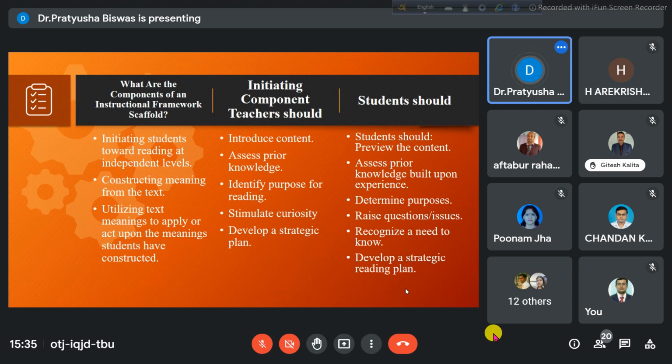Recognize a need to know. There are many such cases wherein the children, despite knowing, tend to make errors. So you must be able to make the child acquainted with the alternative terminologies for the same word or for the same content.